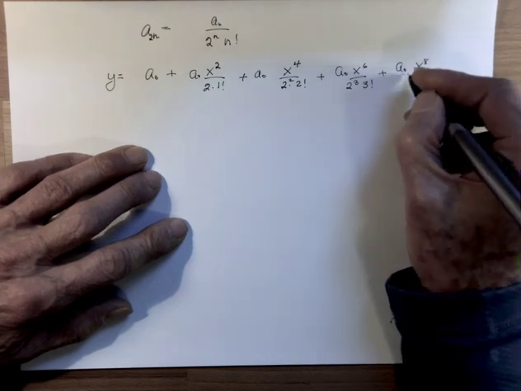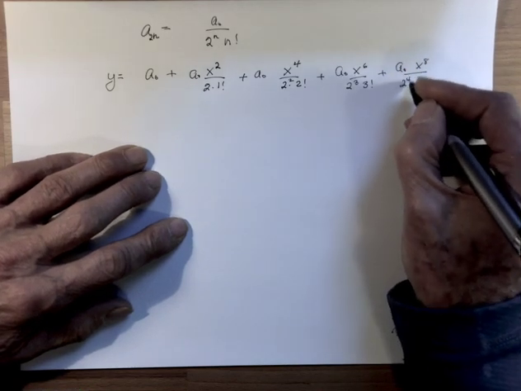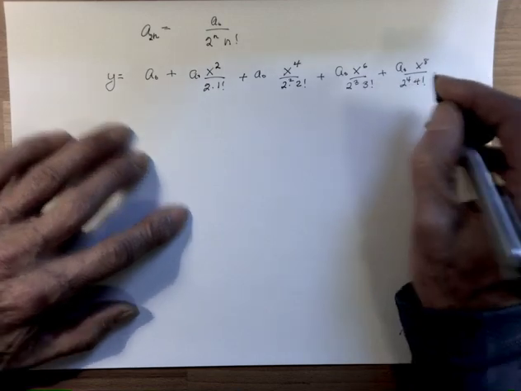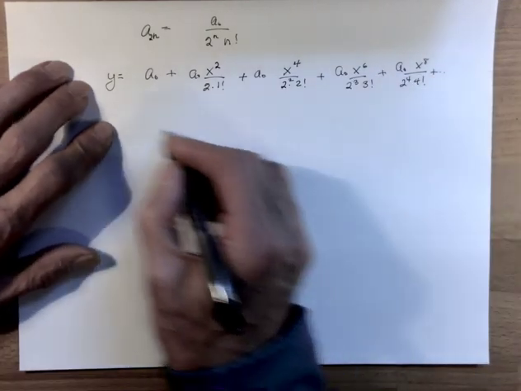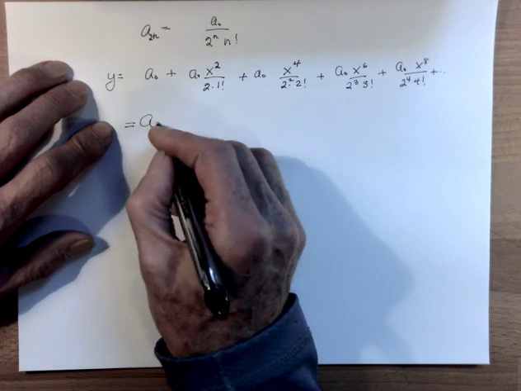plus a0 x to the 8th over 2 to the 4th times 4 factorial plus, and if you look at this carefully, let's factor out the a0.